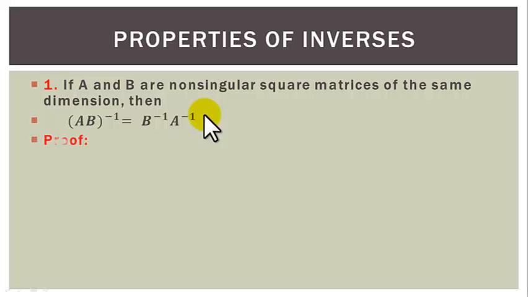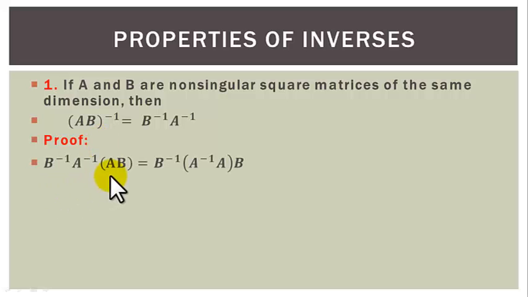Proof. Please note that to prove that B inverse times A inverse is the inverse of AB, we have to pre-multiply this by AB and show that it is equal to I, and also post-multiply this by AB and show that it is also equal to I. Once that is done, that proves that this is the inverse of AB. Let us see how this is done. First, let us pre-multiply by AB.